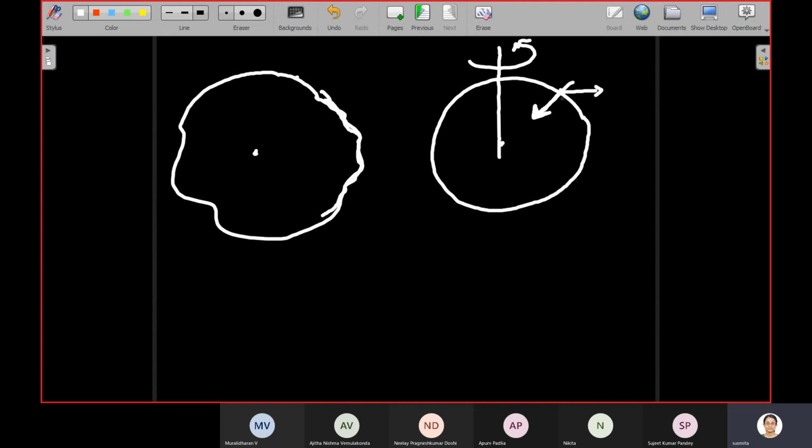So the resultant force will be something like this. We will draw it properly. So this is the gravitational force and this is the centrifugal force.